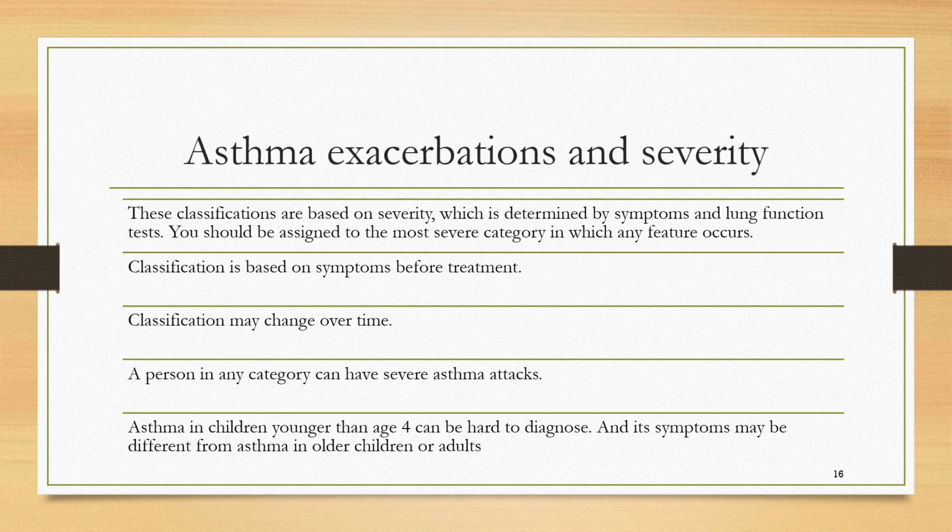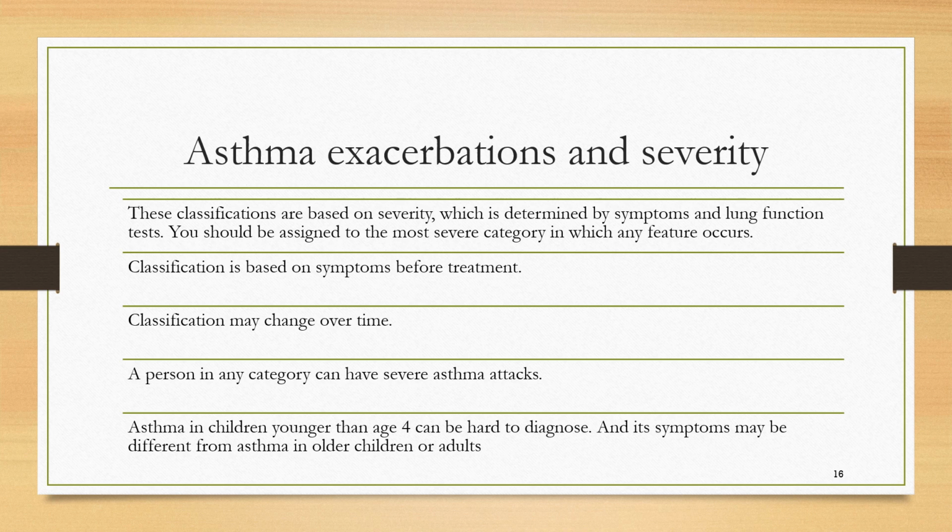Based upon that initial classification, you will have either intermittent asthma, mild persistent asthma, moderate persistent asthma, or severe persistent asthma. Based on that classification, you will be given a treatment regimen.